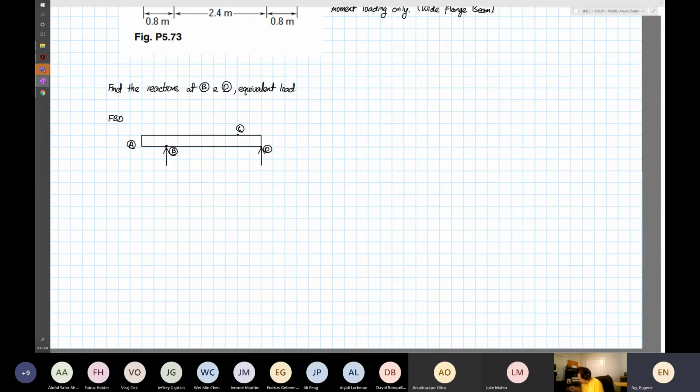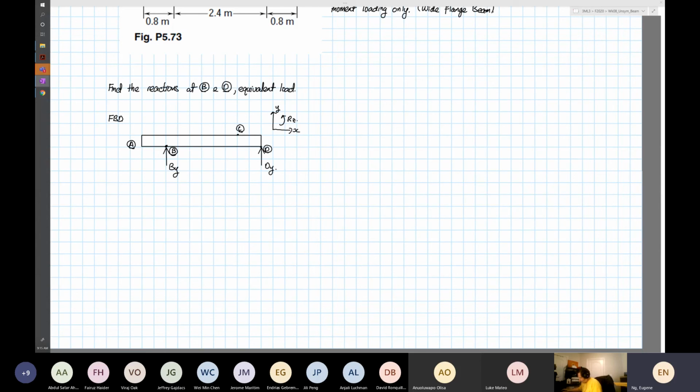Okay. So based on our transformation that I'm going to define, X, y, rotation about z, we have our By, we have our Dy, then we have our evenly distributed load.